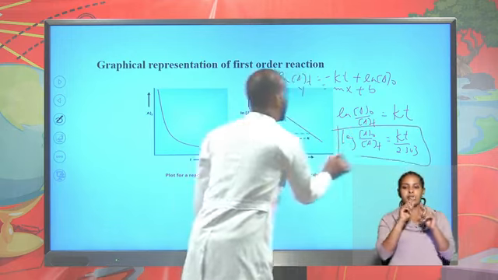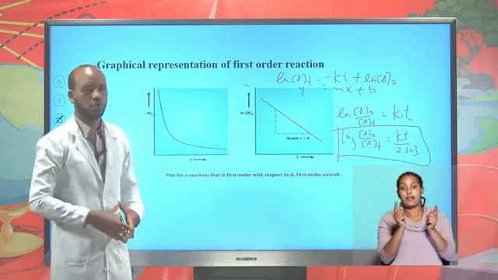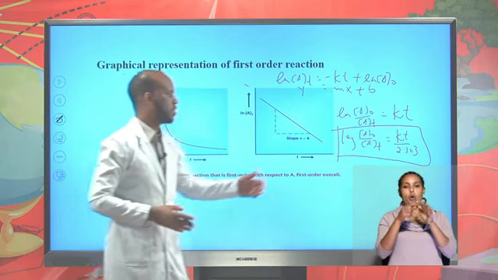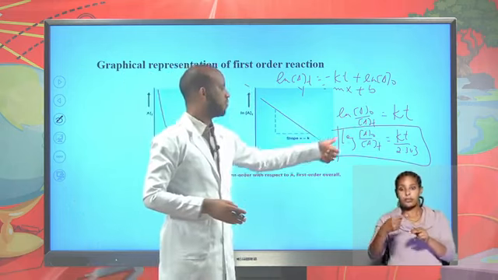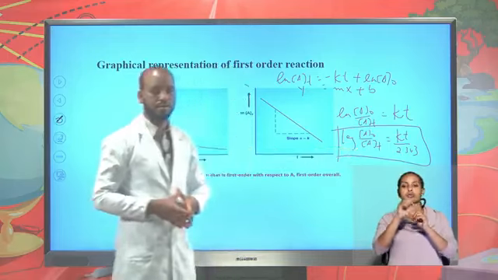This is the integrated rate equation for a first order reaction, the first in terms of natural logarithm, the second in terms of log to the base 10.